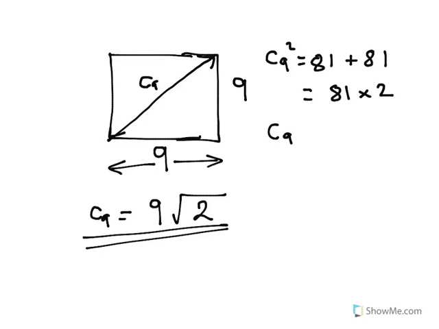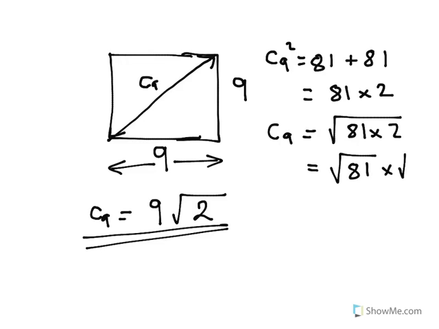So c9 must be the square root of 81 times 2, which is the same as the square root of 81 times the square root of 2. The square root of 81 is 9, and we can't simplify the square root of 2 any more. So yes, we're using our maths to prove it. This is a very important technique that they want you to understand, how to get the length of the diagonal of a square.